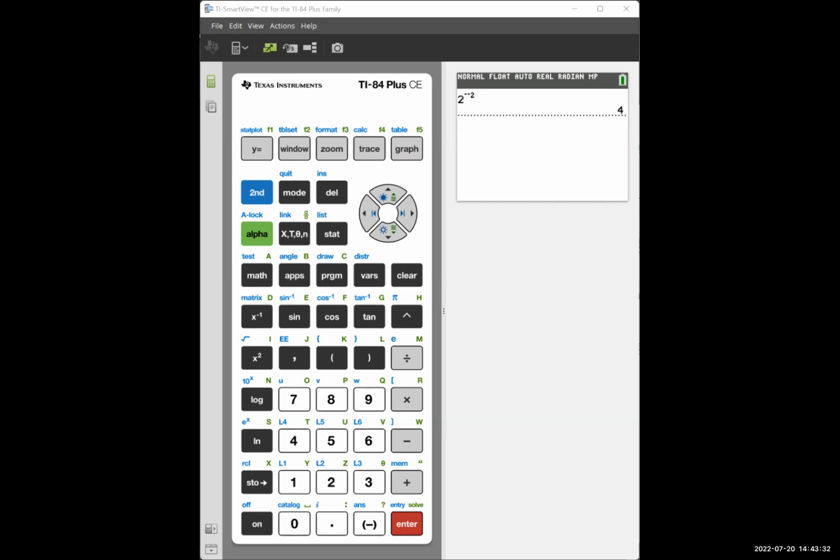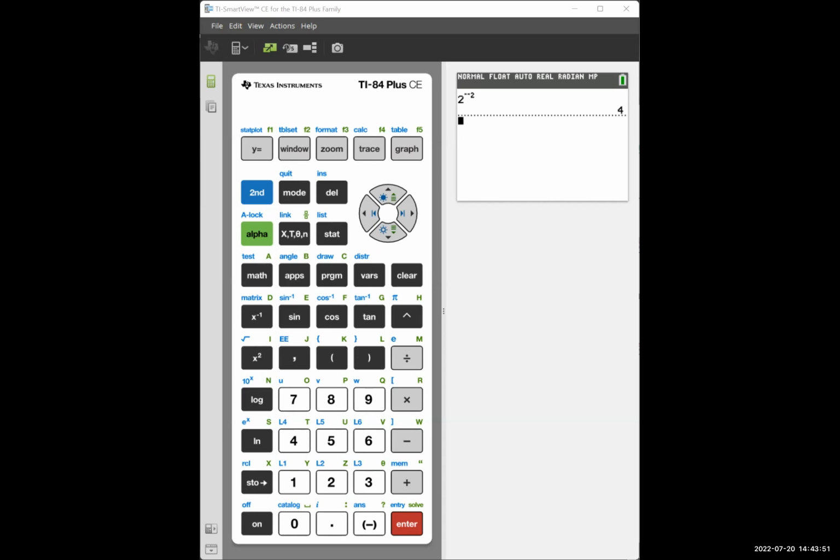It says estimate the projected number in 2050. That's 40 years later, because we started in 2010 and we're going to 2050. So you plug in 40 for x, and we get about 240,000.